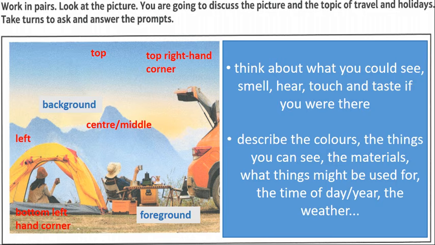So for example, in this picture we can see it's clear and dry. The sky is not cloudy at all. What time of year do we think it is? Perhaps it's late summer, judging by the dried grass that we can see in the foreground. Again, I don't know, that's why I'm saying perhaps. It might be. We can make a guess, but don't say it as a fact if you're not sure. And time of day could be morning, could be evening.